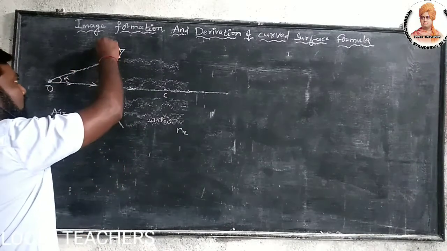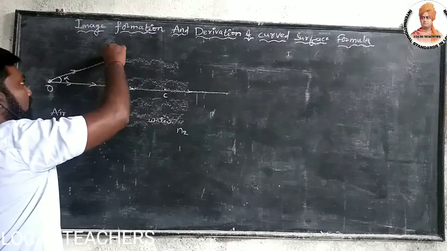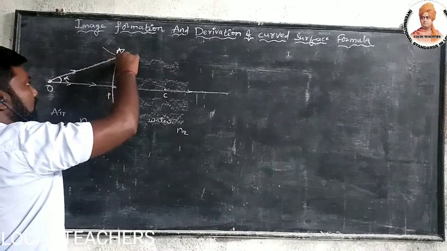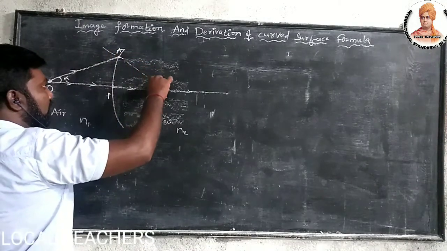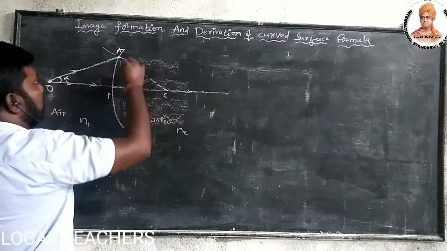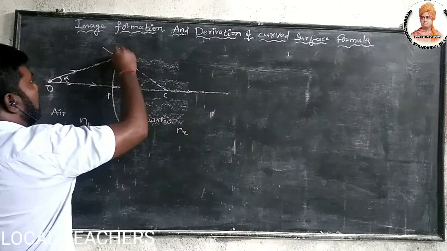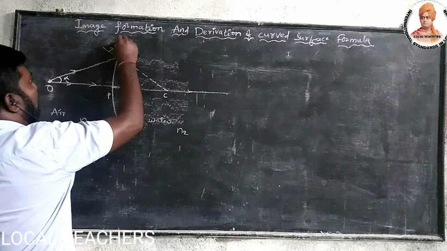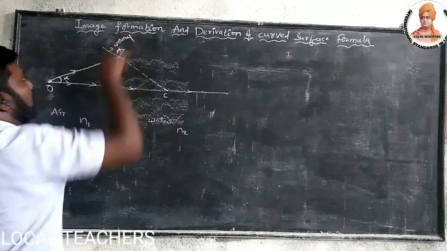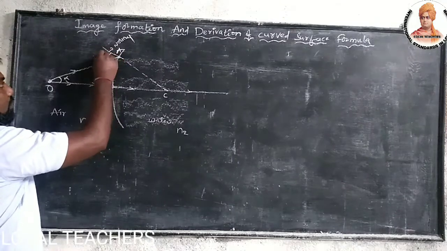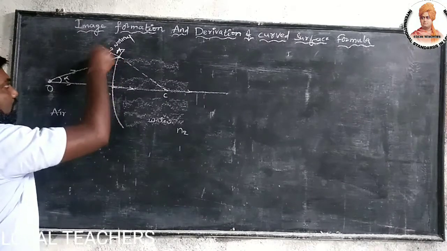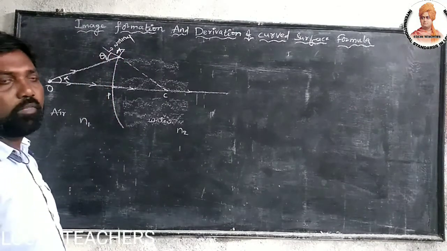Here I am drawing a normal from the incident point to the center of curvature. Here the incident angle I consider is theta 1.